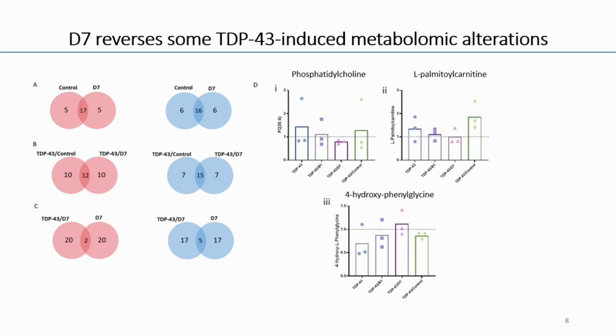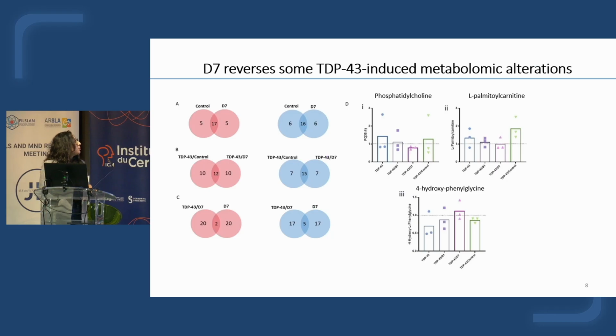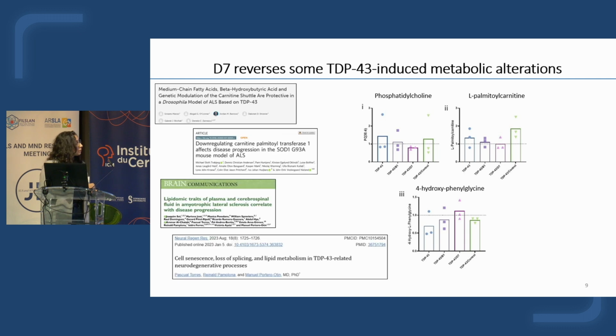So from here on out, we're looking at D7 data, and we wanted to see how D7 affected metabolomic changes. This is especially important because it's been highly documented at this point that there are metabolomic alterations that occur in ALS patients. What was found was that in this in vitro model, D7 was able to bring back to baseline different lipids, including phosphatidylcholine, palmitoyl carnitine, and hydroxyphenylglycine.